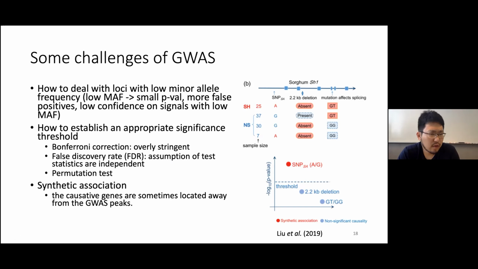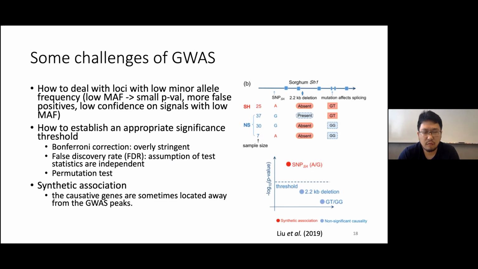One of the challenges is how do we deal with the loci with low minor allele frequency? The low minor allele frequency markers usually have a smaller p-value in association study and higher chances of being false positives.